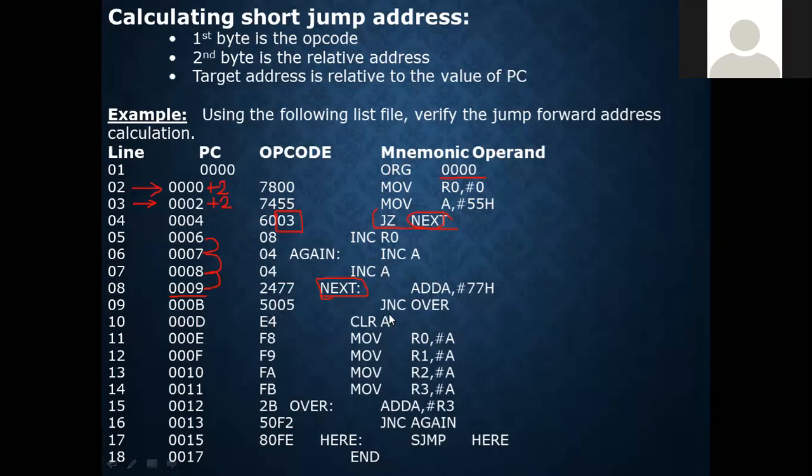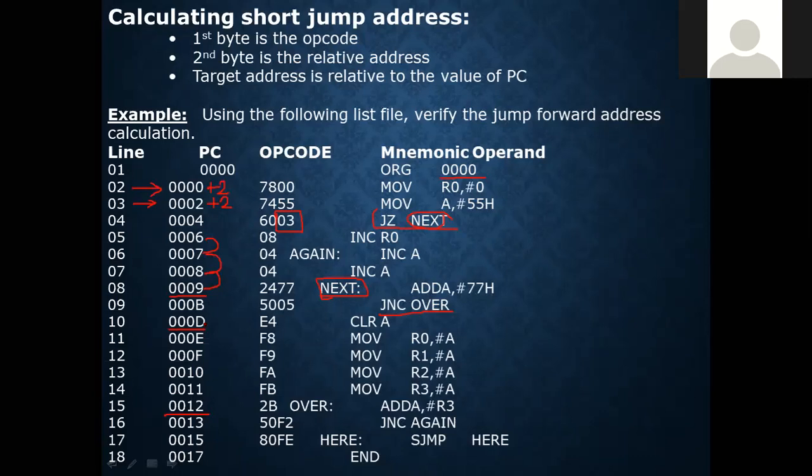Now similarly, you can see this JNC over in the next. While executing this JNC over, the content of the program counter will be 000D. Okay, the next instruction to be executed. So here the over is in the 0012 memory location. Clear?